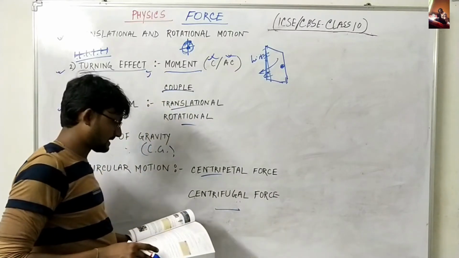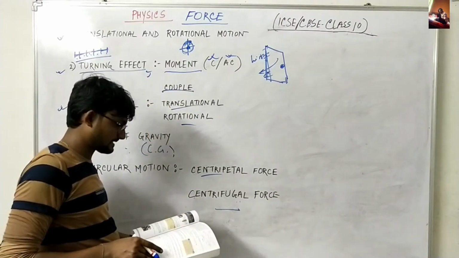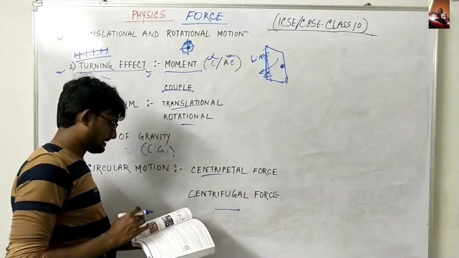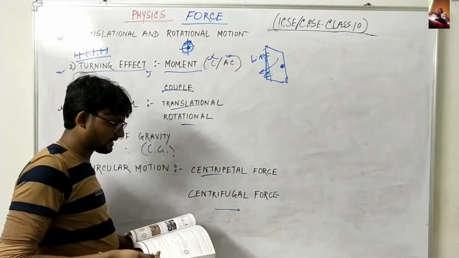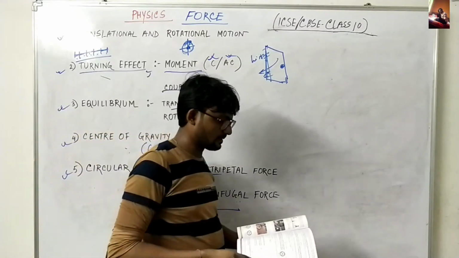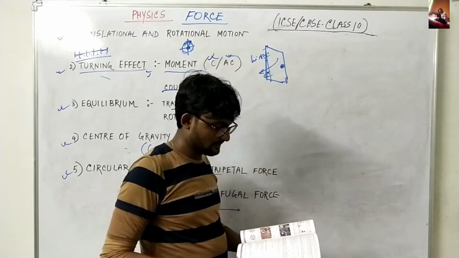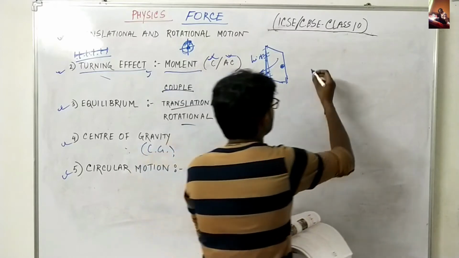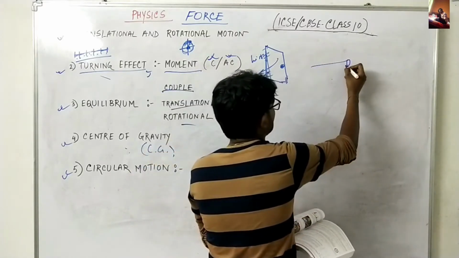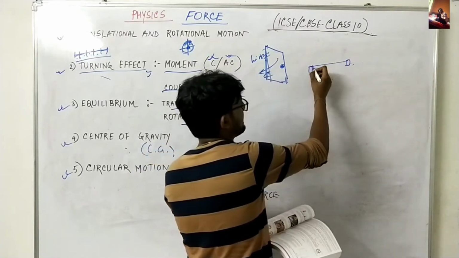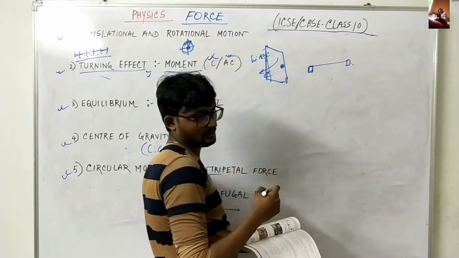And what is a couple? Basically, when two equal and opposite parallel forces act on a rigid object along different lines, they constitute a couple. Suppose over here one stone is being kept, and at this point another stone is being kept.